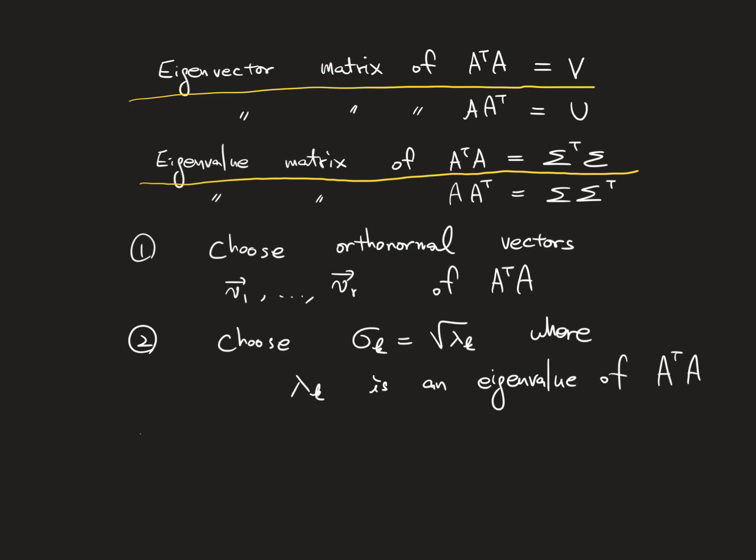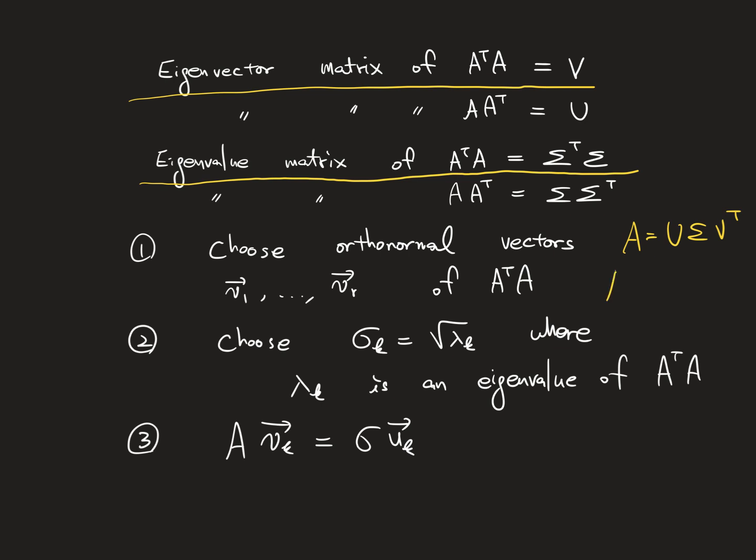And then after that, A Vk will be sigma k Uk. This equation is from the singular value decomposition, because you see that A is equal to U sigma V transpose, but V transpose is equal to V inverse. So we multiply V on both sides.